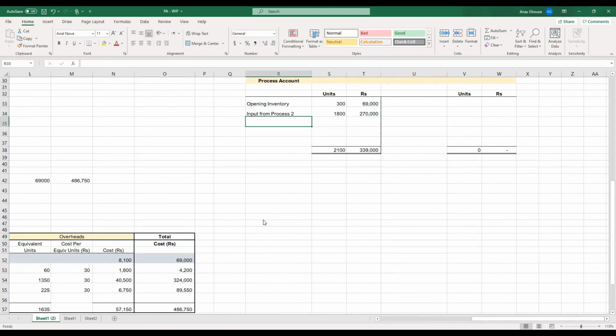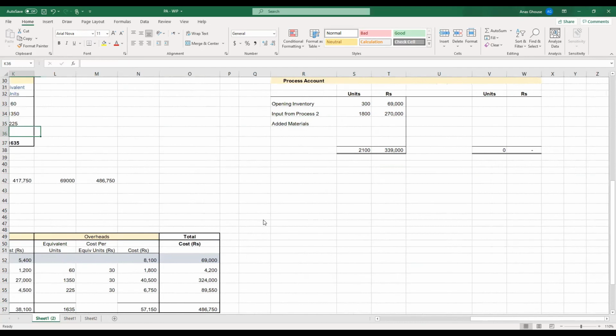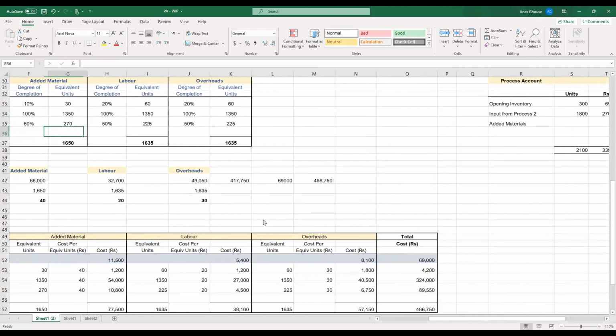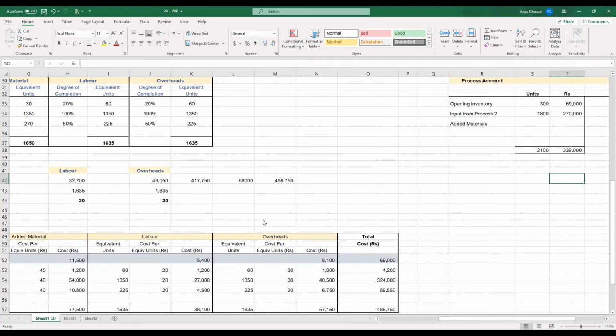Then we had added materials. We had how much? 66,000, which is 66,000. Added material 66,000. Then we had labor 32,700, and overheads 49,050.